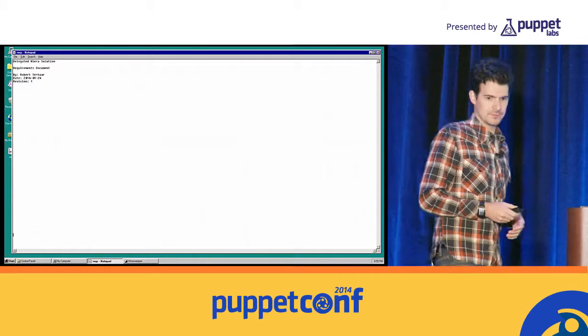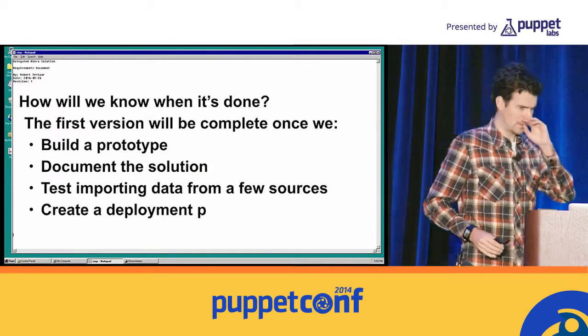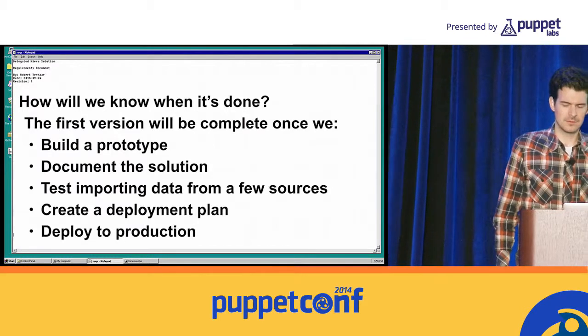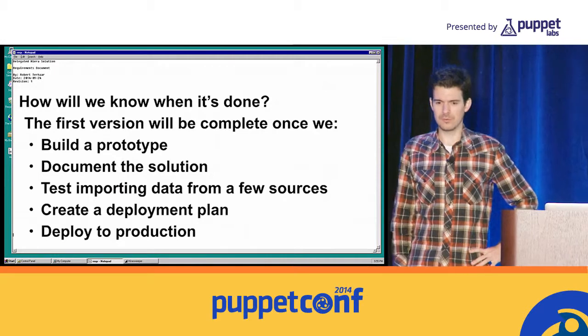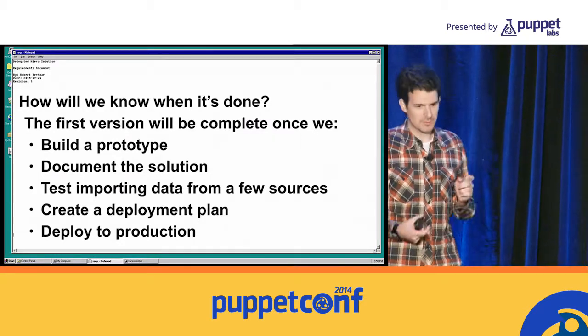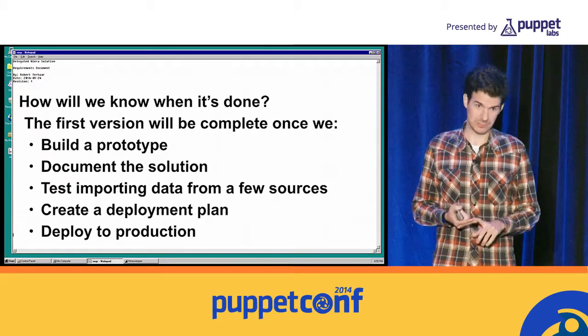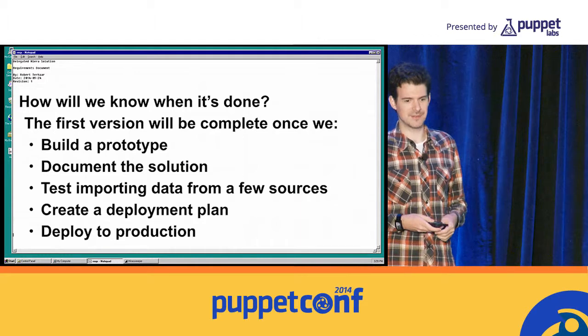So I went back to Notepad, and I made the window a little bigger because I have all this other stuff that I have to type. And we basically listed out our criteria for how we knew when the first iteration of the system was going to be done. We're going to build a prototype. We're going to document the solution. Again, it doesn't have to be overkill. It can be like 2 different Notepad TXT files on your desktop.